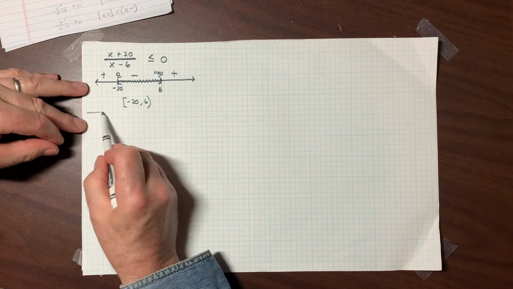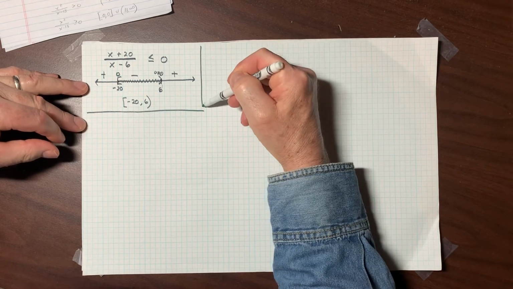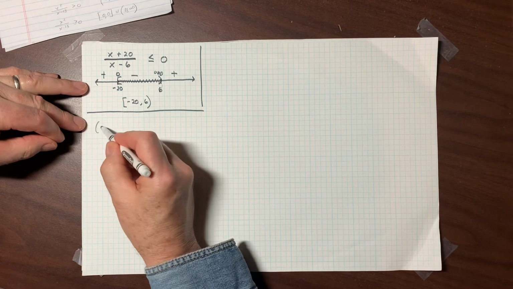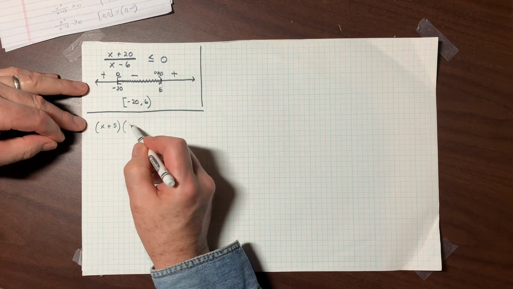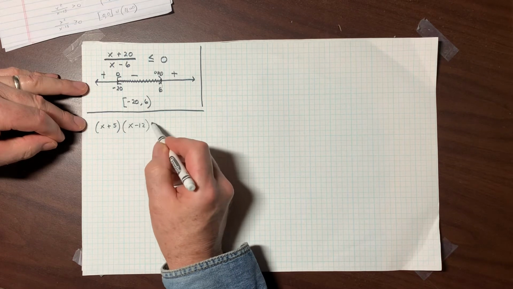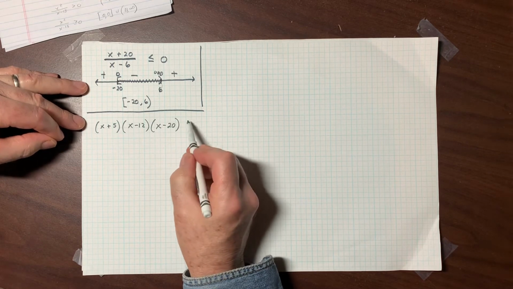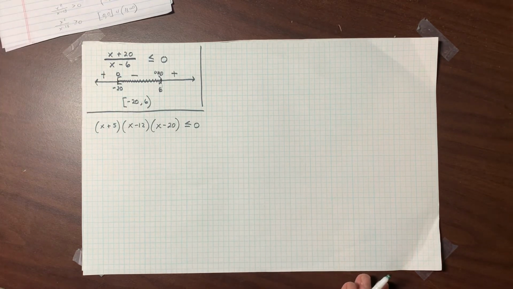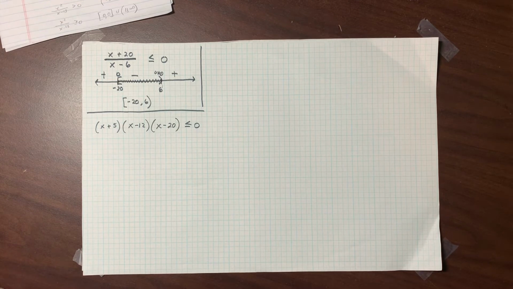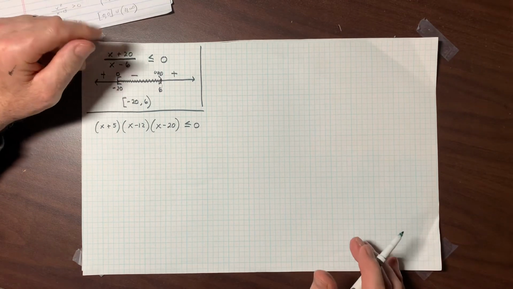Let's do another one. Here I have 3 factors, which means I'm going to have 3 critical points.